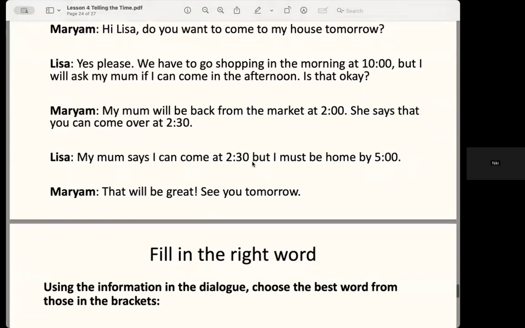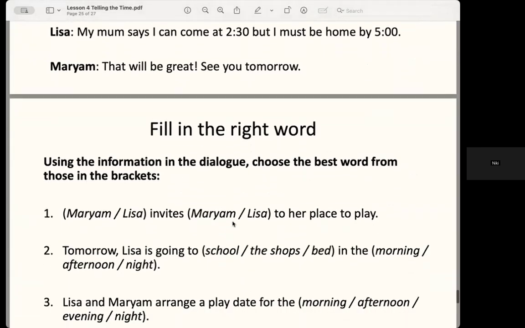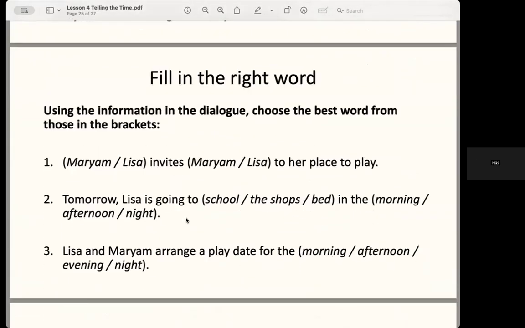Okay, so let's go back and look. Where's Lisa going, Nazia? The shops. It's called the shops. So when we go to the shops, we do shopping. That is the verb. But she is going to the shops. And then, keep going. In the morning. Good. Well done. Okay. Thanks, Nazia.